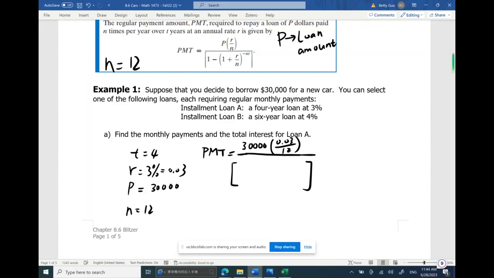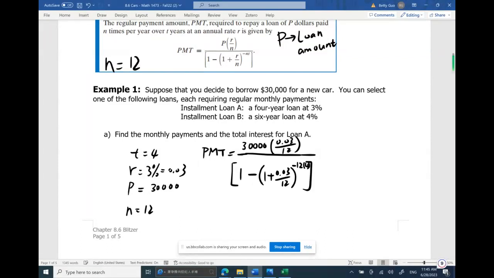difference in a bracket. Is the difference between 1 and the compounding factor to the power of negative nt. So let's see what is the compounding factor. Compounding factor is 1 plus the monthly interest rate, 0.03 over 12, to the power of negative 12 times 4.